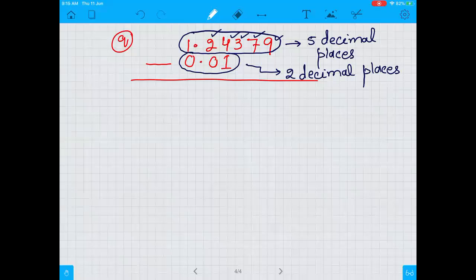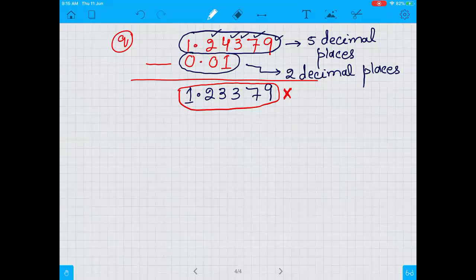Here you will get a 9, a 7, a 3, a 3, then a 2, then a 1. This is the answer given by the calculator. If you put these two values in the calculator, this is the answer that you will get. But this is not acceptable because we have not followed the right precision.